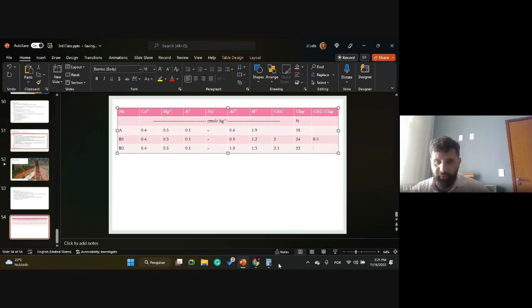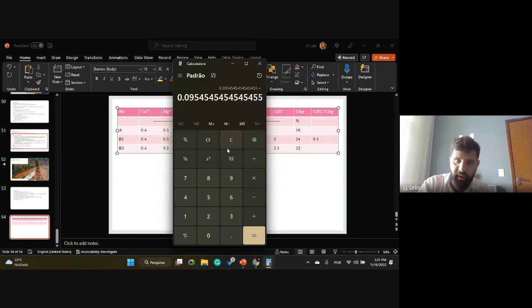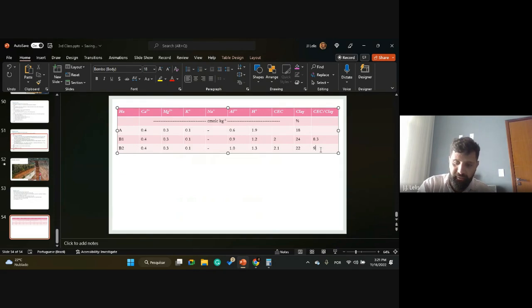And here probably we'll have a very similar result. Let's see, 2.1 divided by 22% and multiply by 100, and 9.5.